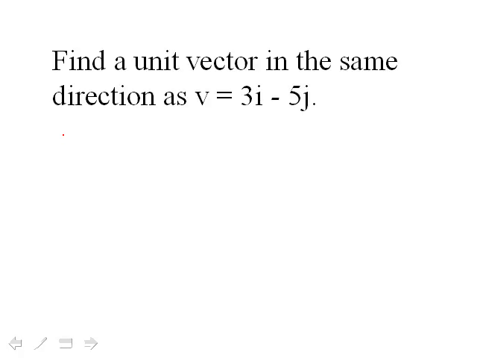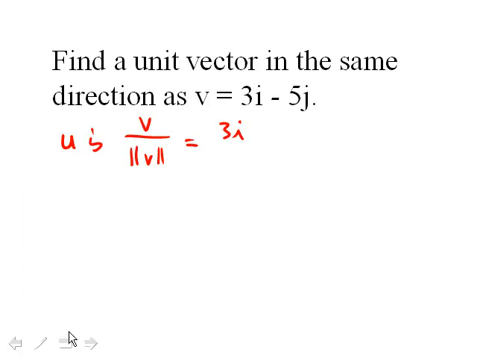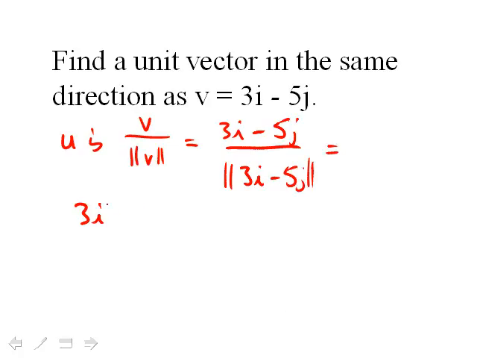So that would be the unit vector is v divided by the length of v, which is 3i minus 5j over the length of 3i minus 5j, which is 3i minus 5j over the square root of 3 squared plus minus 5 squared, which is 5 squared.